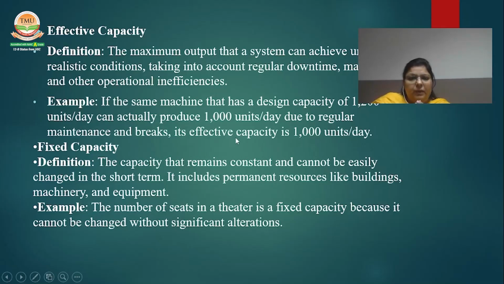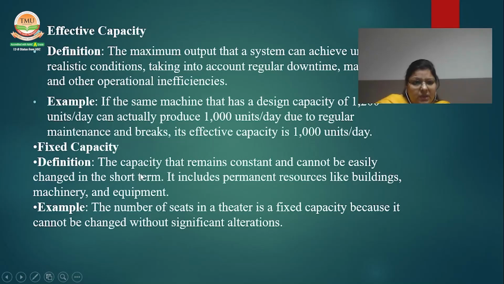So effective capacity is 1000 units per day, because some of the time or cost will be involved in maintenance and breaks also. So we have to consider each and every point. After that we can say that 1000 units per day is your overall capacity.